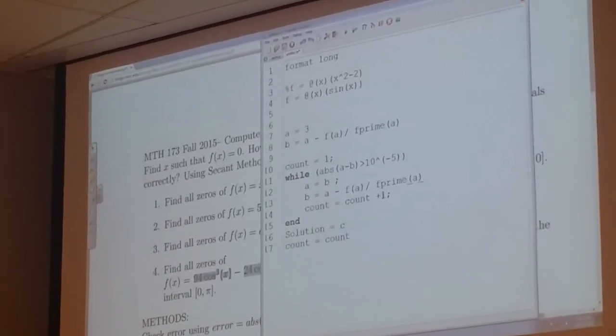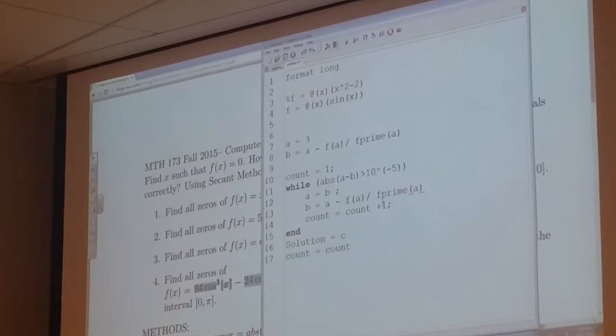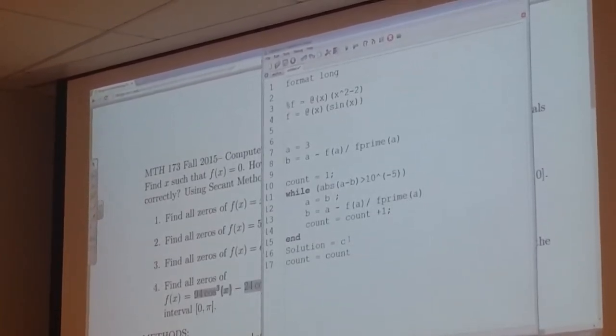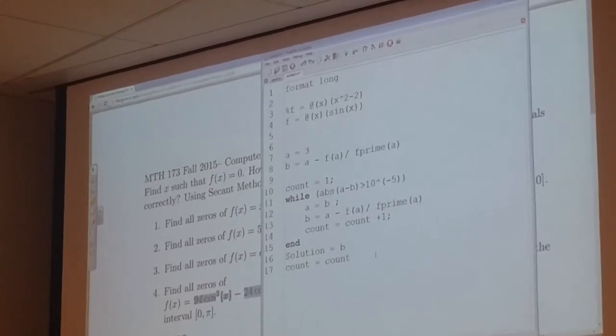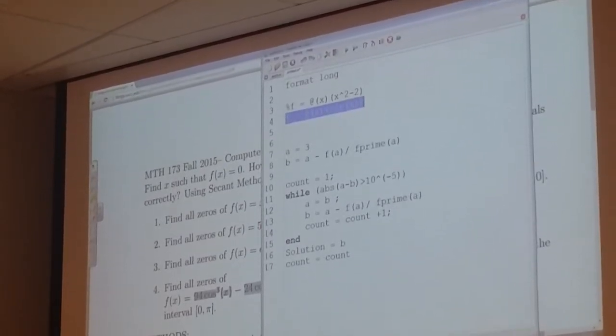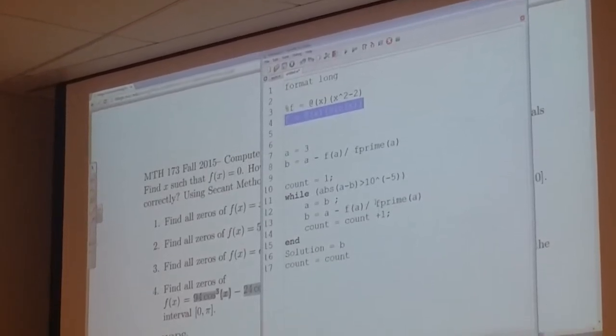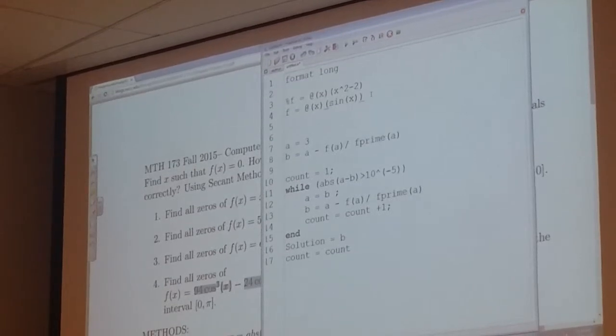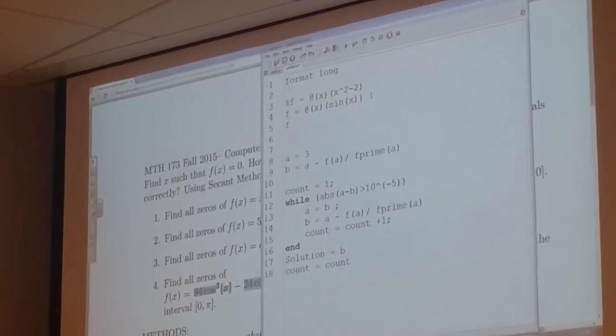Does that make sense? Are we good? And your solution should equal what? B. But notice here, you have F, right? If I want to find F here, I know what F is. But you need to also define F prime. So how do I define F prime? If F is this, F prime equals to.